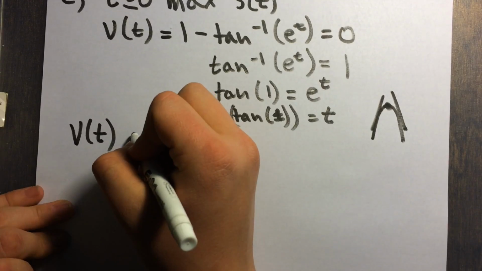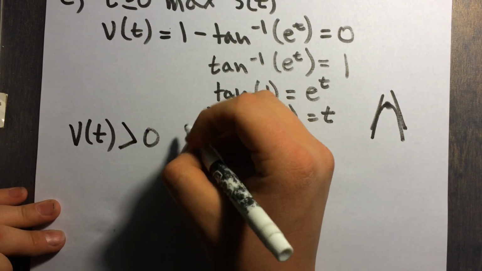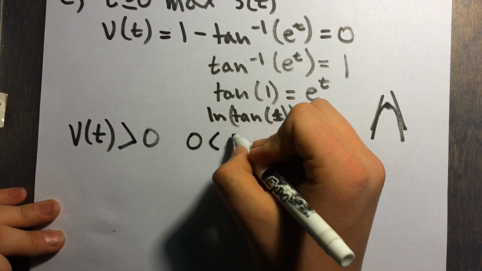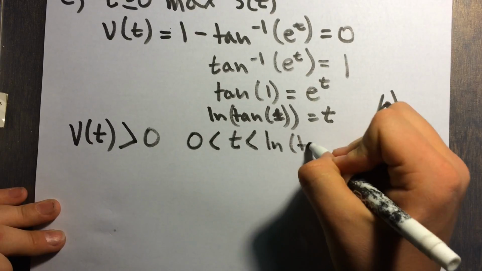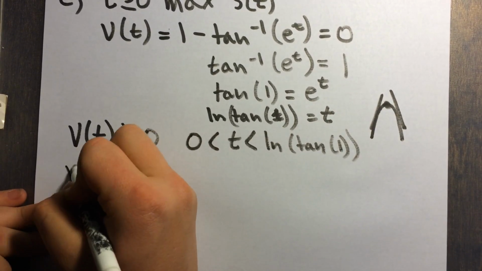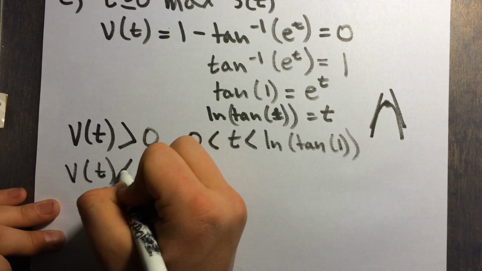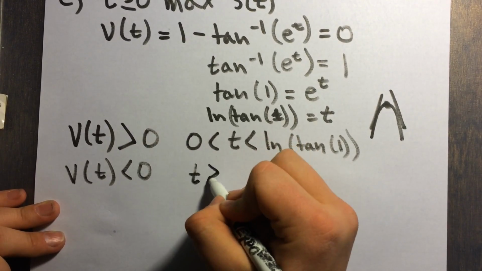So v of t is positive for all values from 0 to ln tan of 1, and v is negative for all values after that.